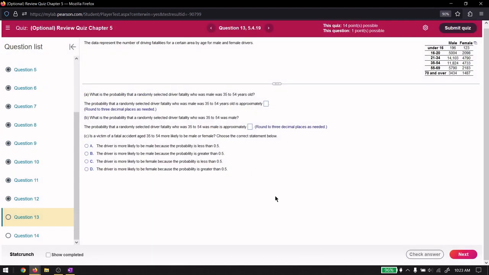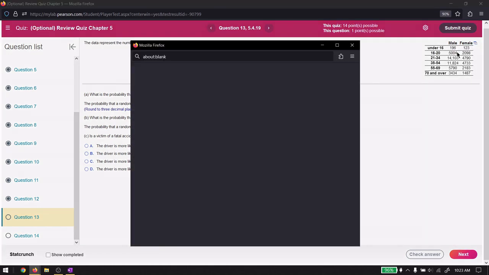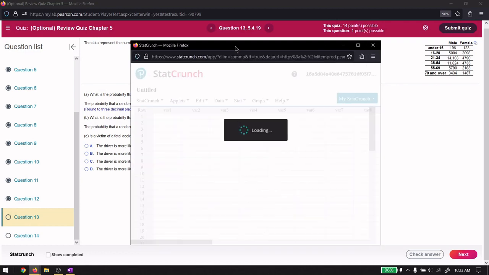Okay. We have driving fatalities for a certain age and gender. Then we have, what's the probability that a randomly selected driver fatality who was male was 35 to 54 years old? Now I'm going to open this in StatCrunch.